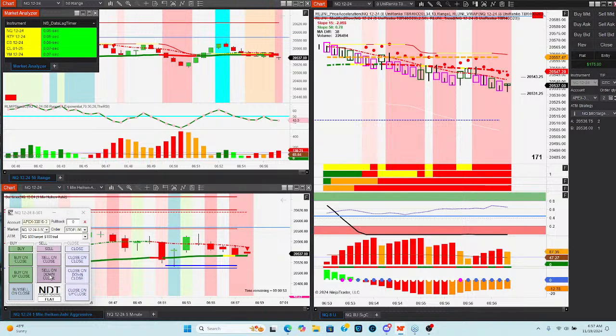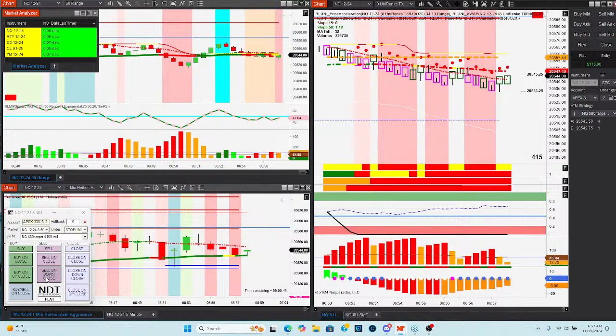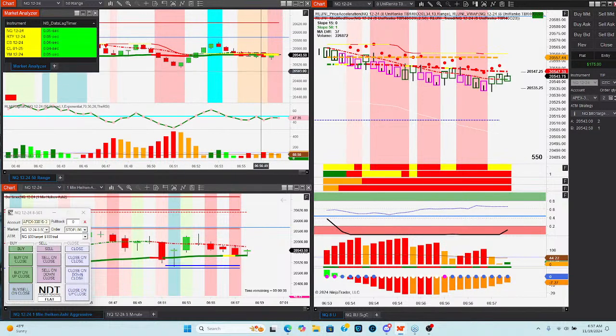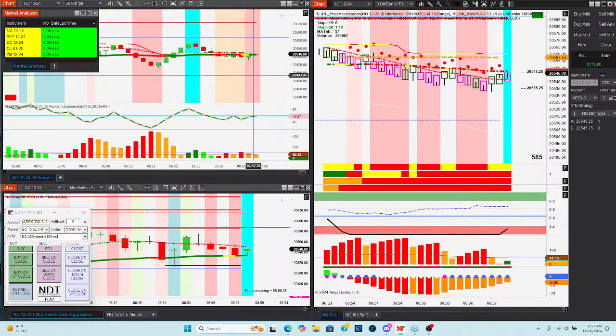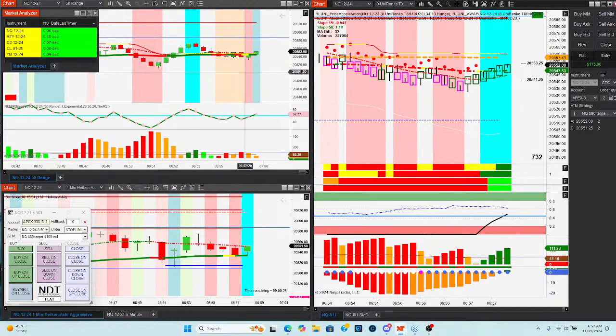Now I've got good bias on my 50. My 50 is flat. One thing I've learned over the years is you do not trade a flat 50 on the 50 range chart.